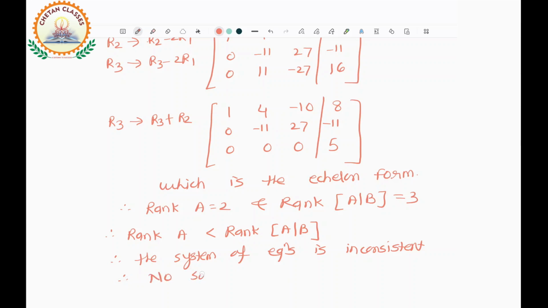Therefore, no solution exists. Okay, so remember this: if the rank of A is less than the rank of [A|B], meaning the augmented matrix, then the given system of equations is inconsistent and no solution exists.